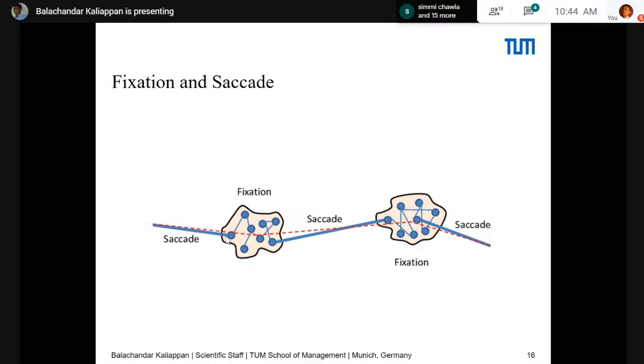You fixate at one place and have a lot of gaze on it, and you can see there are a lot of dots. Within this object, there are 1, 2, 3, 4, 5, 6, 7, 8 fixations happening, which means you spend a lot of time on that object. Then from this object, you move to the other object on your right side. Once you're moving from this place to the other place, that's called a saccade. This line is a saccade, a rapid movement of your eye.